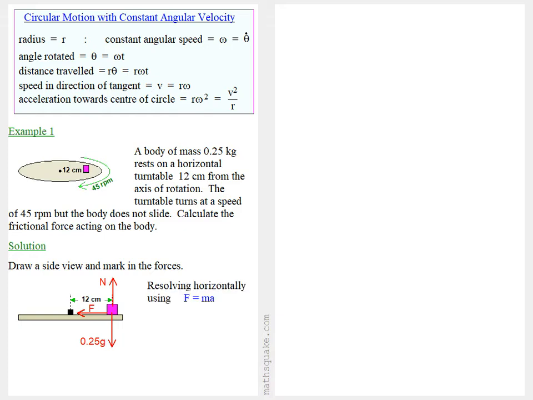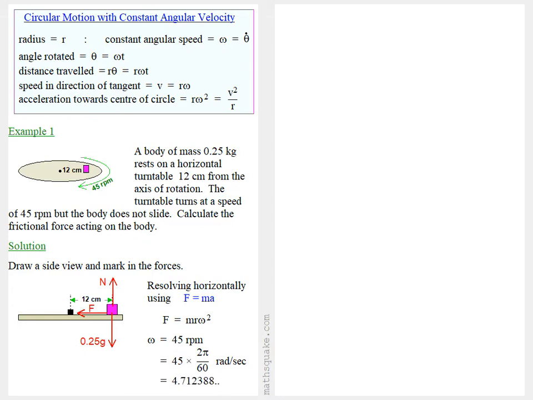So if we resolve horizontally using F equals ma, we have the acceleration is equal to r omega squared. So F is equal to mr omega squared. Now omega is 45 revolutions per minute, where 1 revolution is 2 pi radians. So that is 45 times 2 pi radians per minute, or 45 times 2 pi over 60 radians per second.